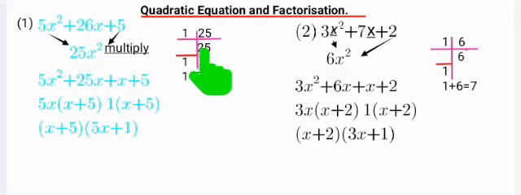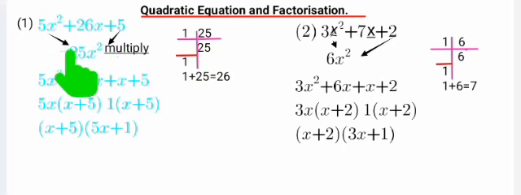So 1 plus 25 will definitely give you 26. That's just the basic knowledge here. When we solve more examples, you will understand this LCM technique I'm talking about. But it is basically what the LCM must add to the remainder, or subtract from the remainder, to give you the middle number.